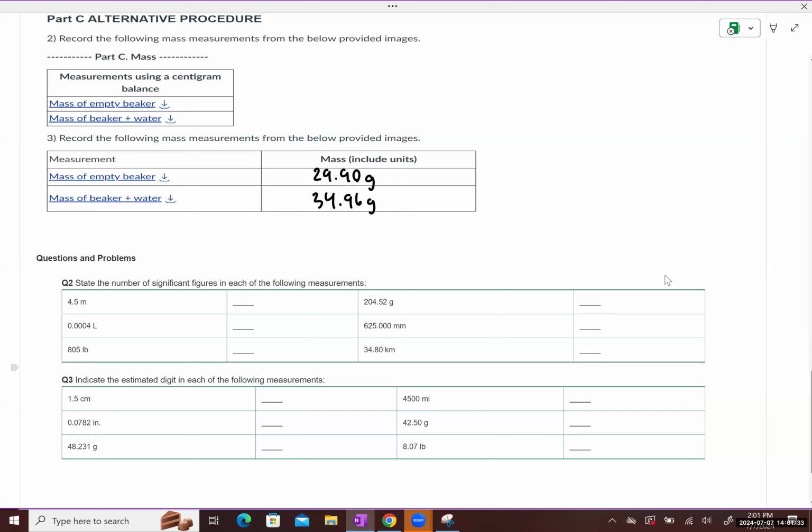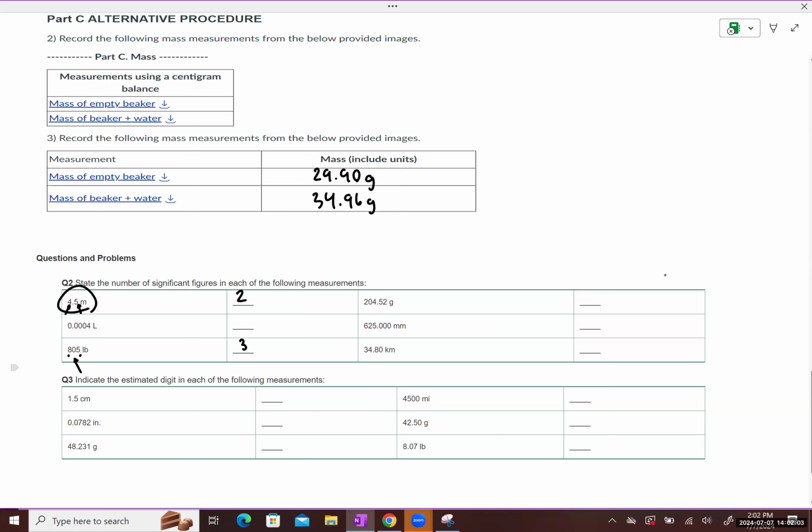I'm going to be doing just a few of these because I believe answering these questions is important practice, but I'm just going to show you how you'd fill this in. So 4.5 meters, we have 1, 2 non-zero digits, so there would be 2 significant figures. 805 has 2 non-zero digits and a 0 that is both before and after a non-zero digit, so 805 would have 3 significant digits.